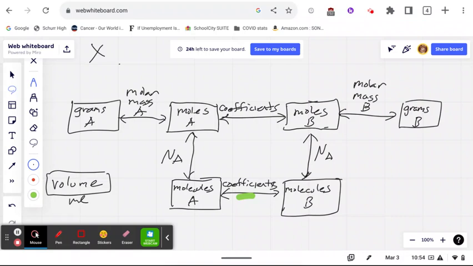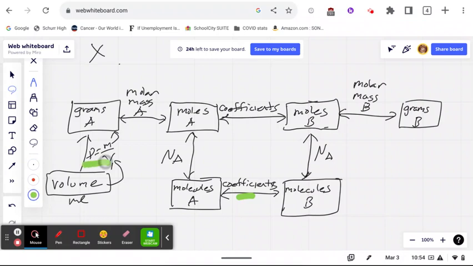What you can do is turn the volume of A into grams by using the density. Remember, D is equal to M over V, and M is your mass, grams. So if you know the density of the substance and you know the volume, you can plug it into this equation and figure out the grams.